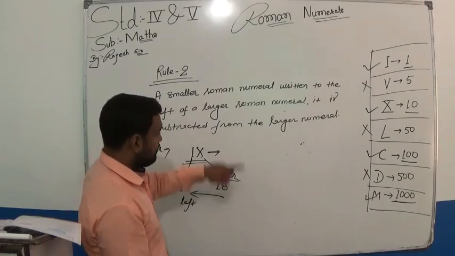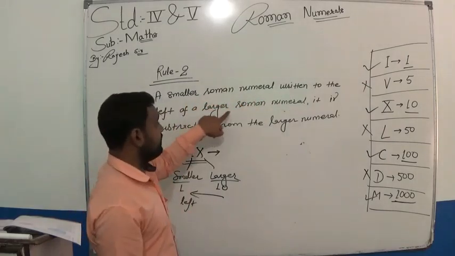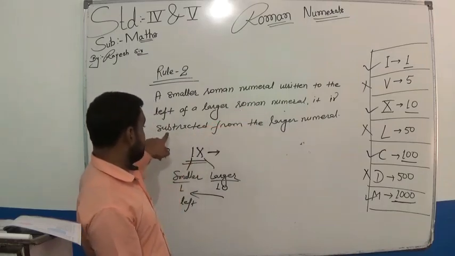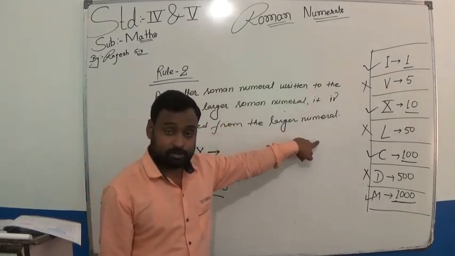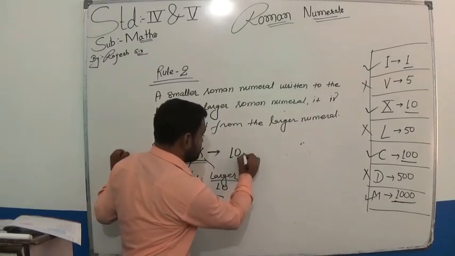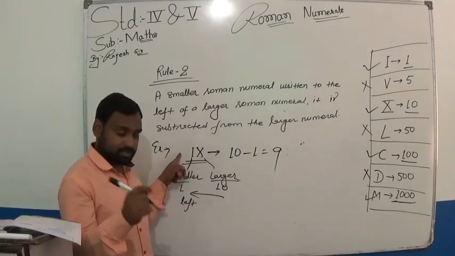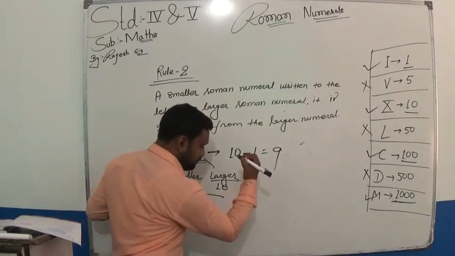As per the rule, a smaller Roman numeral written to the left of the larger Roman numeral is subtracted from the larger number. What is the larger? 10. 10 minus 1 equal to 9. Can we write 9 like this? Yes.